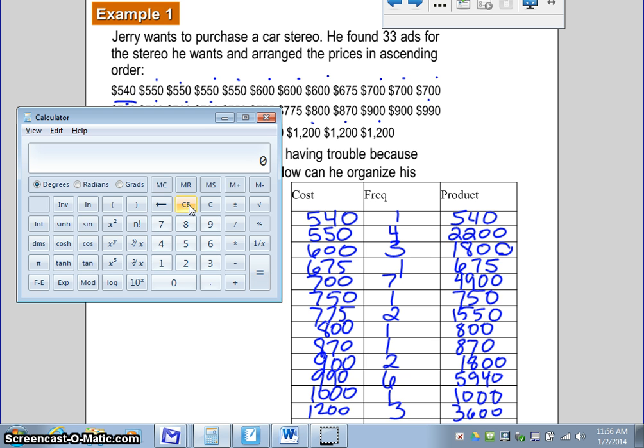So let's see where we got off. We got 540 plus 2,200 plus 1,800. I'm getting a little finger happy here, so I'm going to have to slow down a little bit.